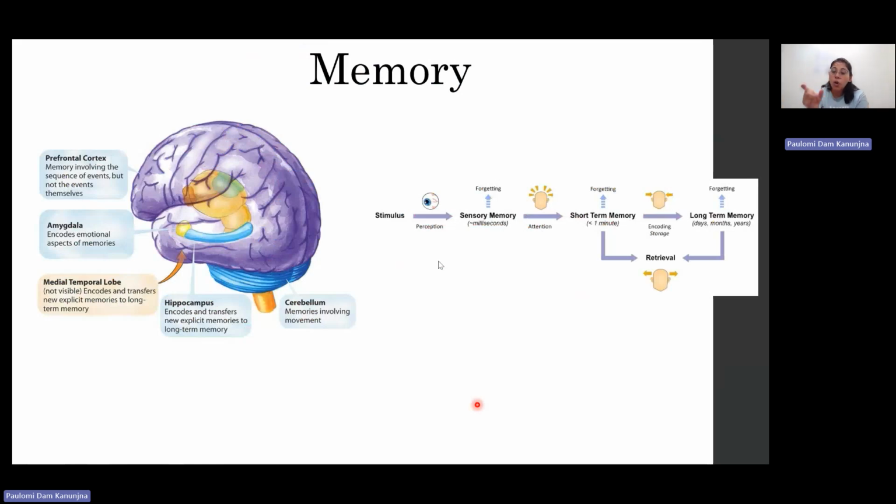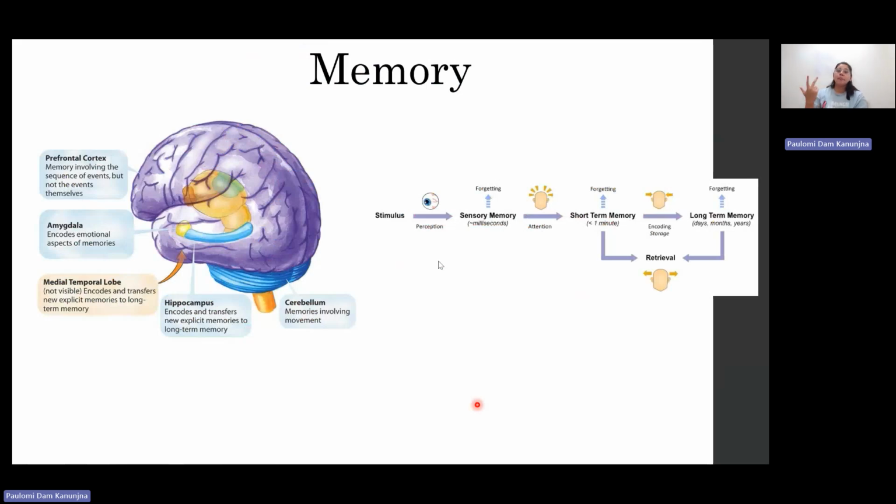And all of these types of memory are stored in different places. For example, short-term memories are in the prefrontal cortex, long-term memory is in the hippocampus, and then it goes to the cortex, right? So you need to remember the hippocampus, amygdala, prefrontal cortex. I'm not going into detail because we have other topics also, but you need to remember it like this.